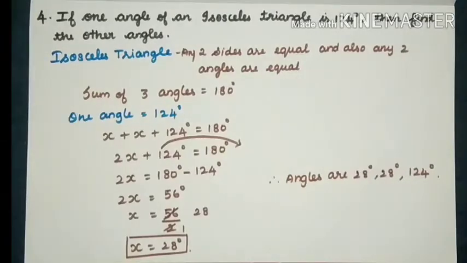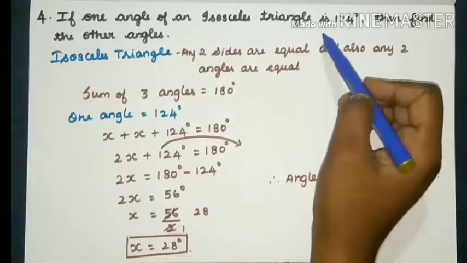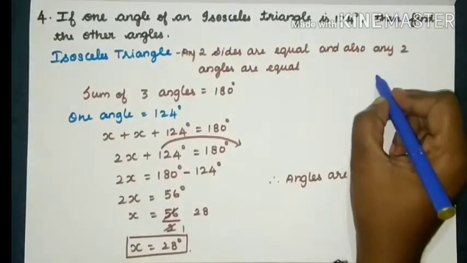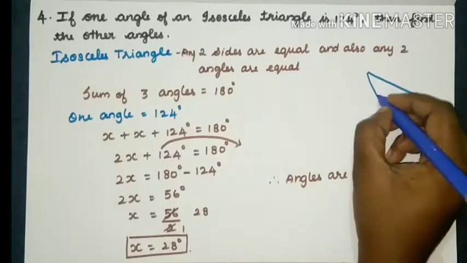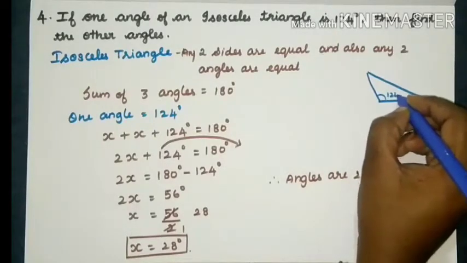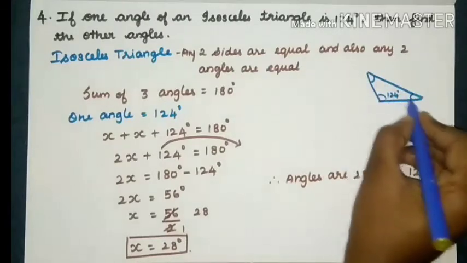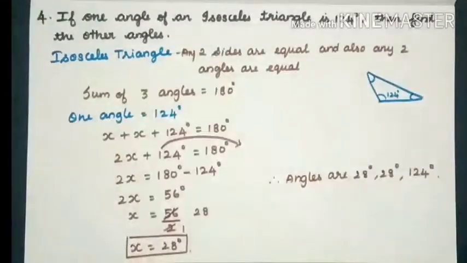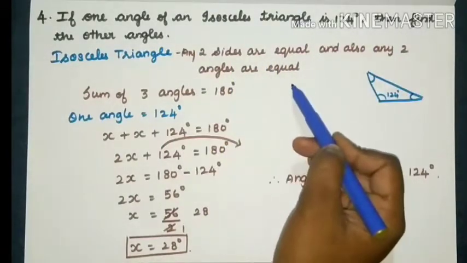Students, listen carefully. Here the given question is: one angle of an isosceles triangle is 124 degrees. We have to find the other two angles. Isosceles triangle means what? Any two sides are equal and also any two angles are equal.